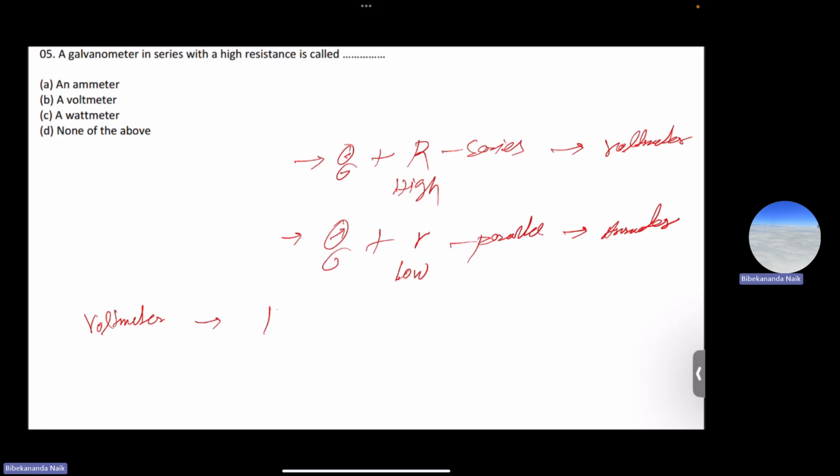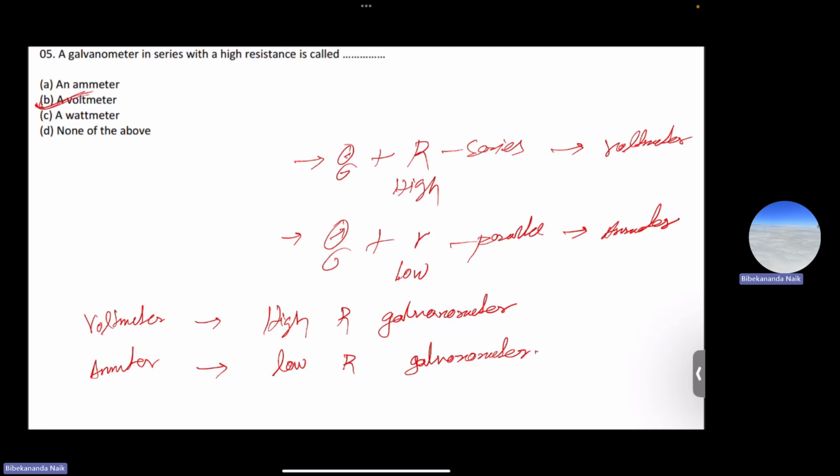Voltmeter is a high resistance galvanometer; ammeter is a low resistance galvanometer. So galvanometer in series with a high resistance is called a voltmeter.